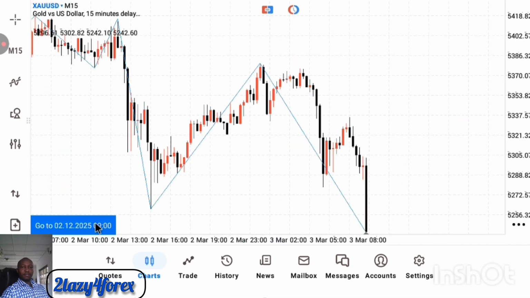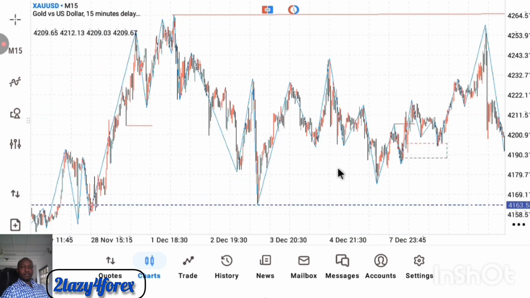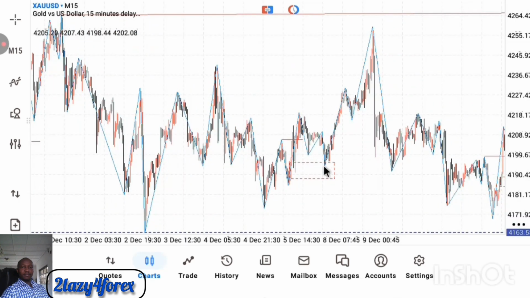Okay, let's go back to the 15 minutes chart. This is what I'm saying. This is the pullback, and this is the last point the pullback went to before we got our lowest high that got broken. We got tagged in for the trade.